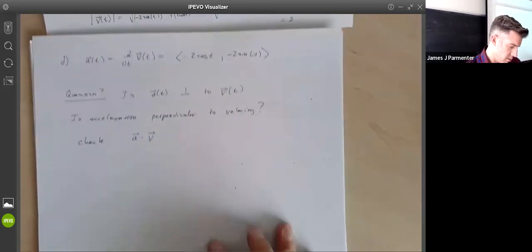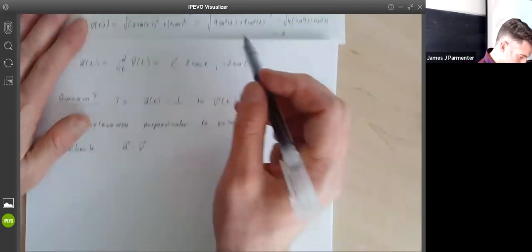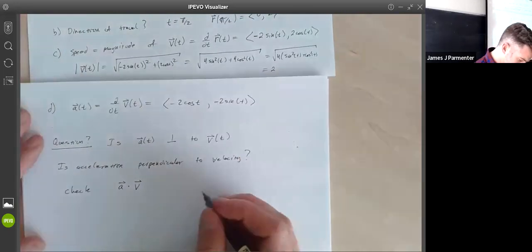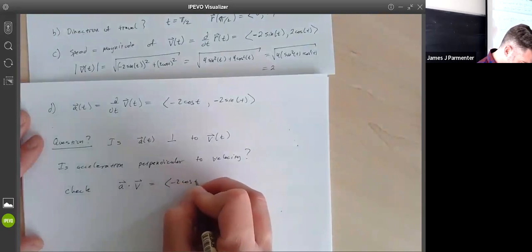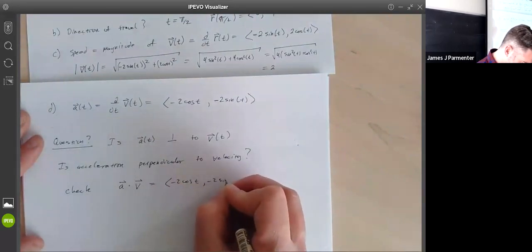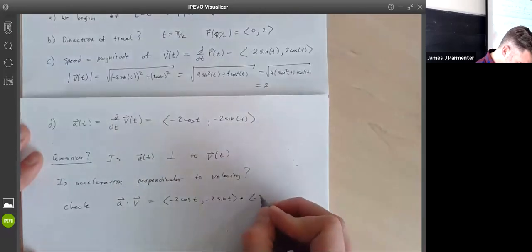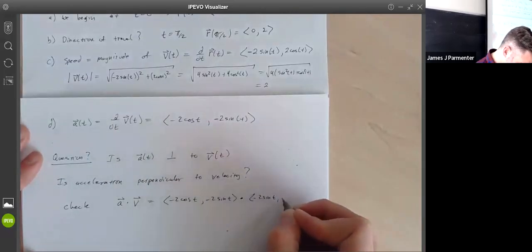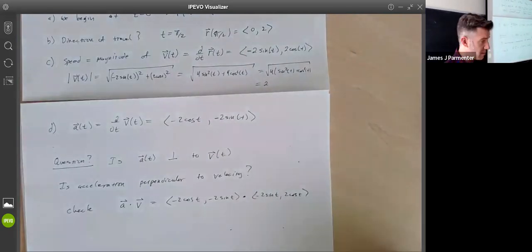Okay, I've got both of those. There's A, there's V. So that's going to be A, which is <-2 cosine t, -2 sine t>, dotted with V, which is <-2 sine t, 2 cosine t>. And yeah, I think we can see that it's going to be 0.